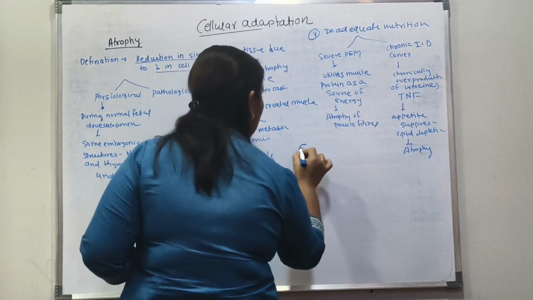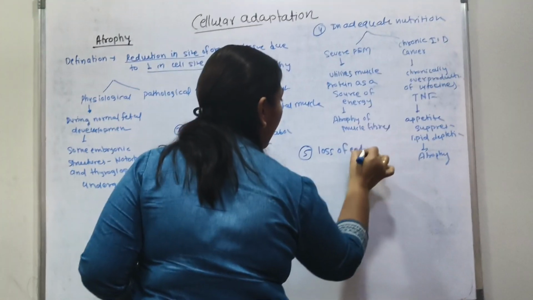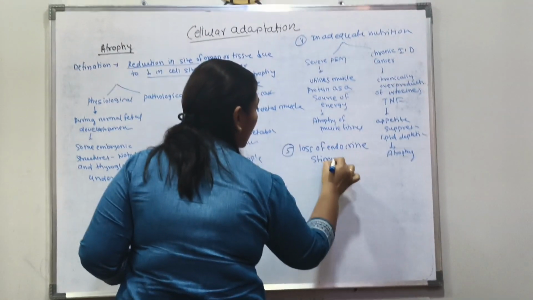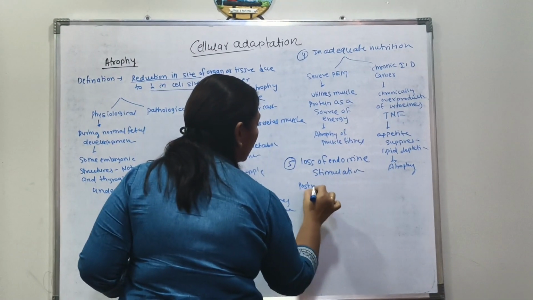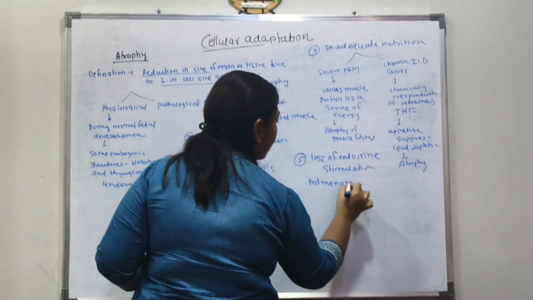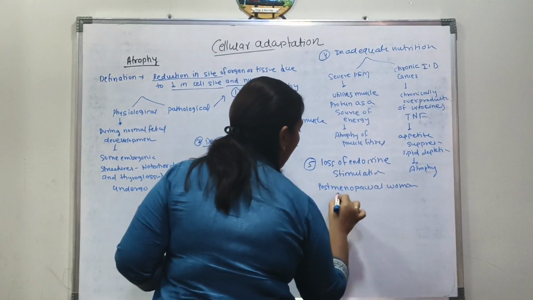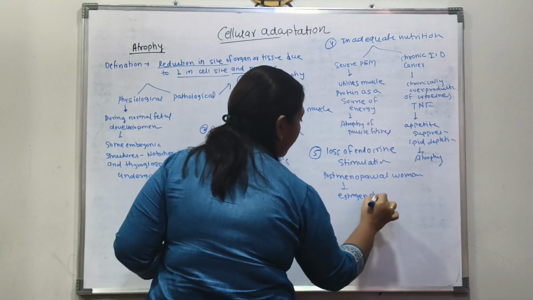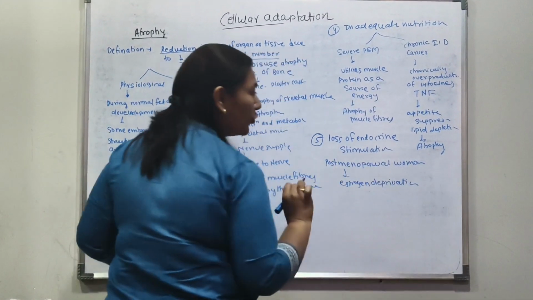Then the fifth one is loss of endocrine stimulation. For example, in the postmenopausal woman there is estrogen deprivation, so there is loss of estrogenic stimulation.